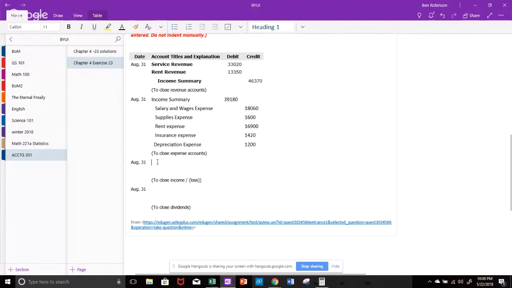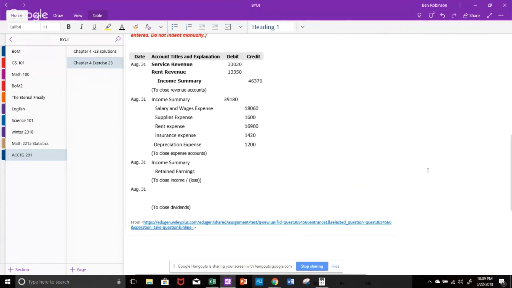And so we know that it's going to be income summary that is debited. And then here we're going to credit the retained earnings account.